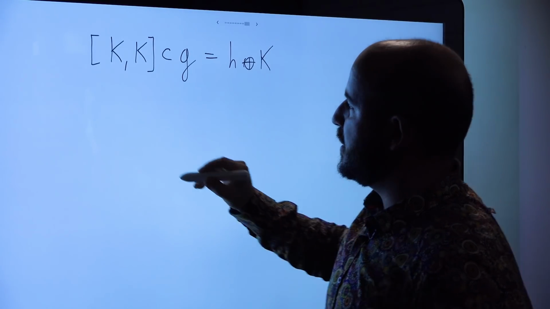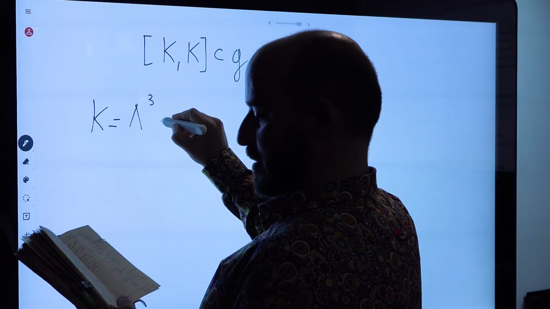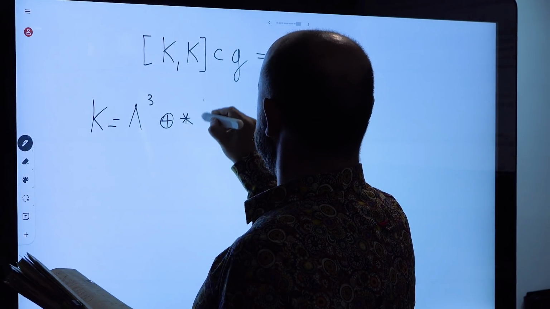Okay, so let's study this. Remember that K is equal to lambda 3 plus star lambda 3.